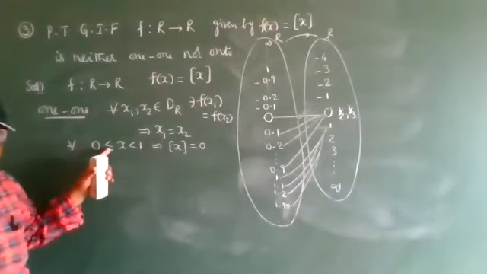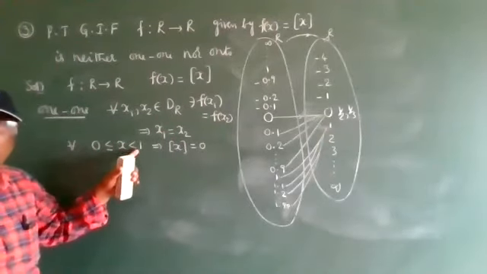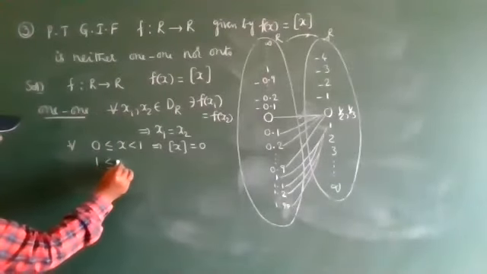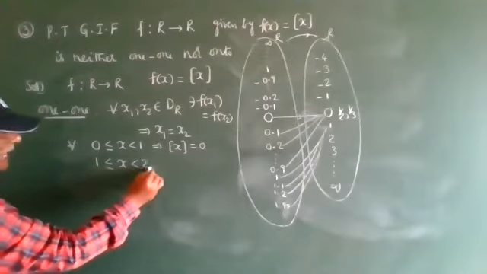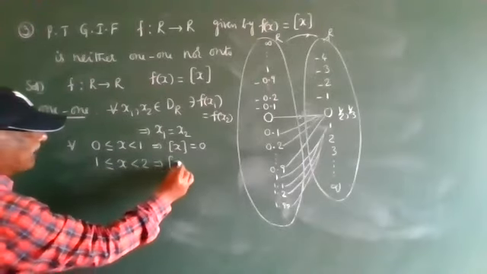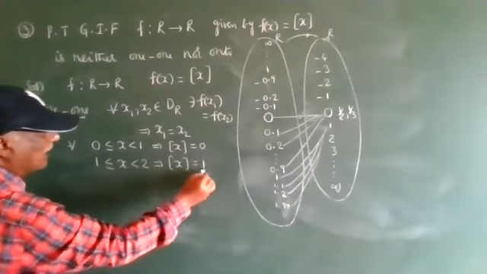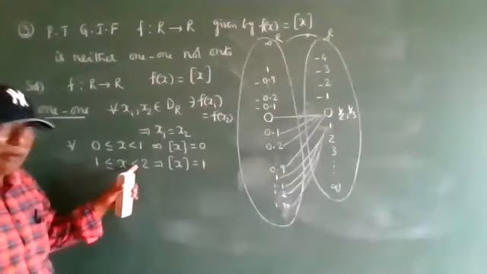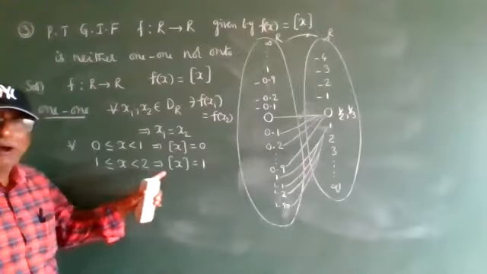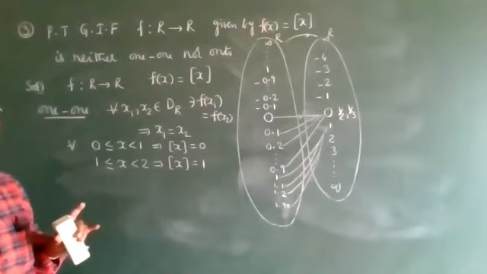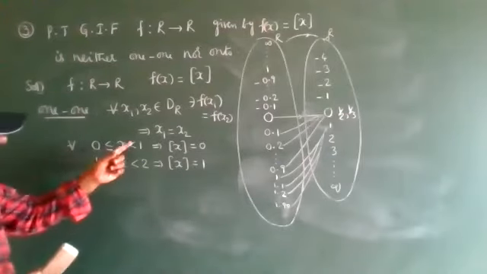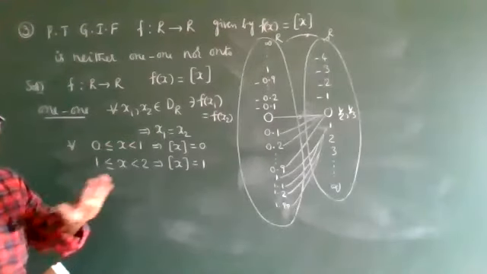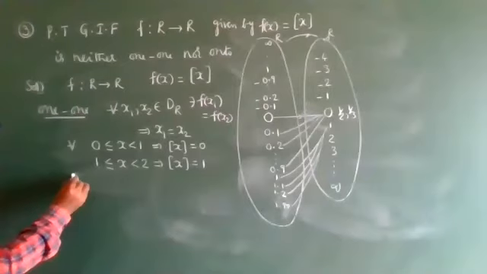Equal to 0, above 0, below 1, all are 0. For 1 less than or equal to x less than 2, all step x values are only 1. So 1.1, 1.2, 1.3 up to 1.999, all values are 1 only. Therefore, different elements have one image. Therefore, it is not a 1-1 function.